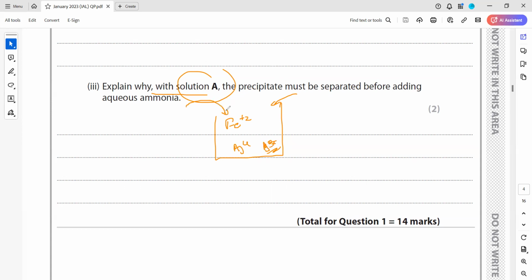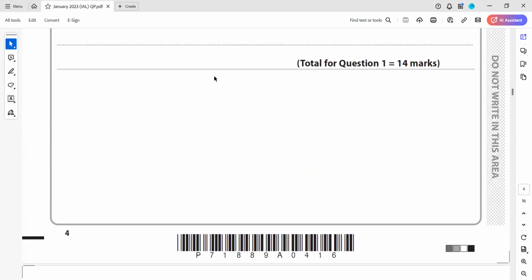Why not add it into the same mixture? Because if aqueous ammonia is added, the iron(II) ion will also form a green precipitate, which will make it difficult to recognize whether the silver precipitate is dissolving or not. That's why it should first be filtered off, and then we carry out the test separately on the precipitates.